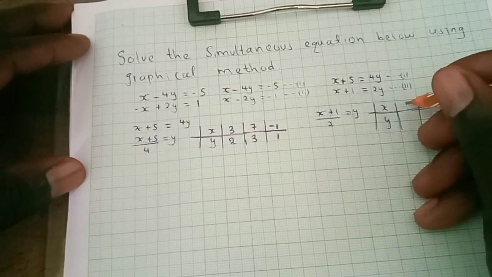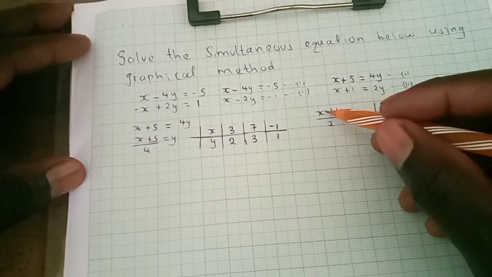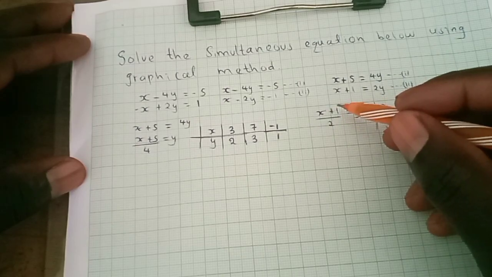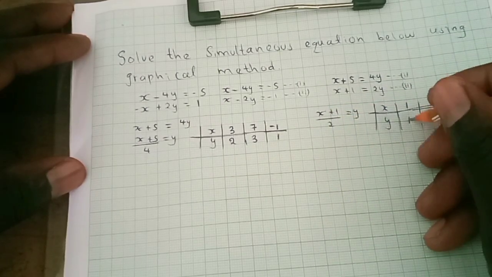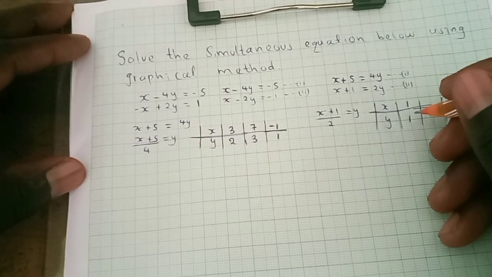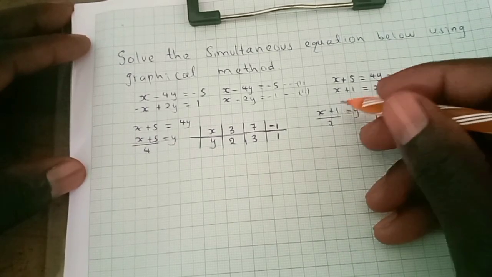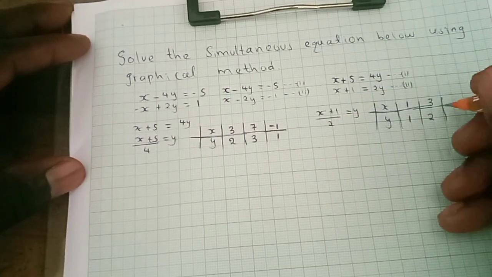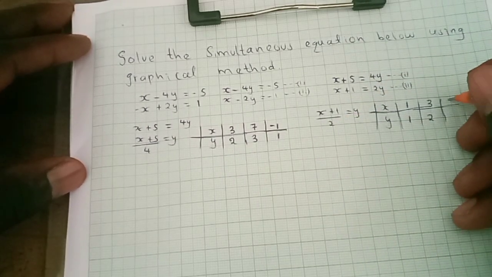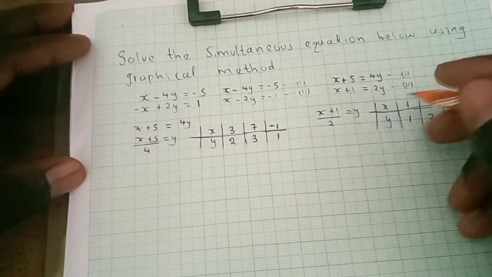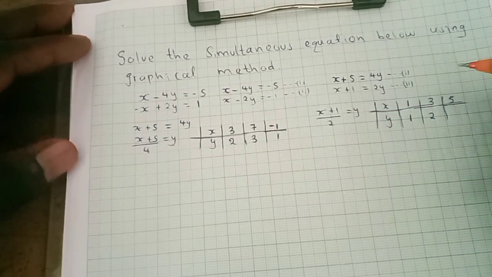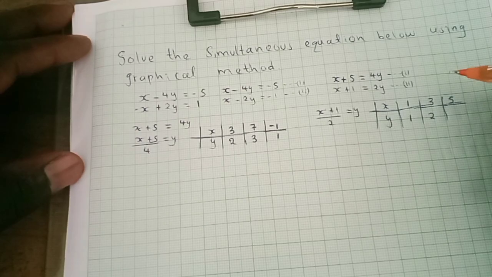The first value here is 1. If x is 1, it's 1 plus 1, which is 2. 2 divided by 2 is 1. The second value which I can take is 3. 3 plus 1 is 4. 4 divided by 2 is 2. And the other value which I can take is 5. 5 plus 1 is 6. 6 divided by 2 is 3.